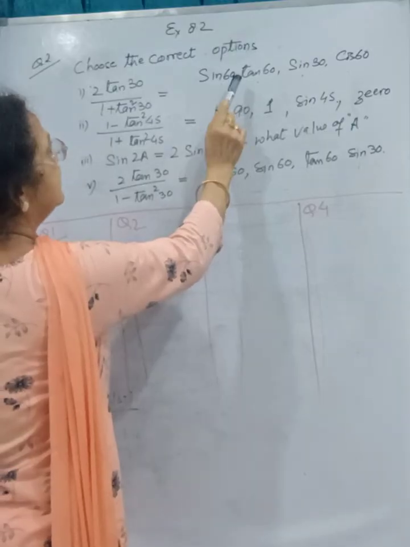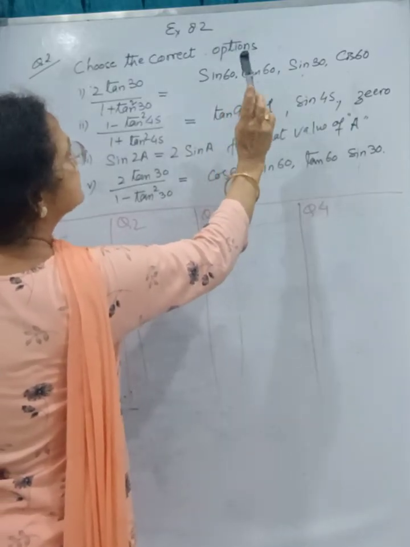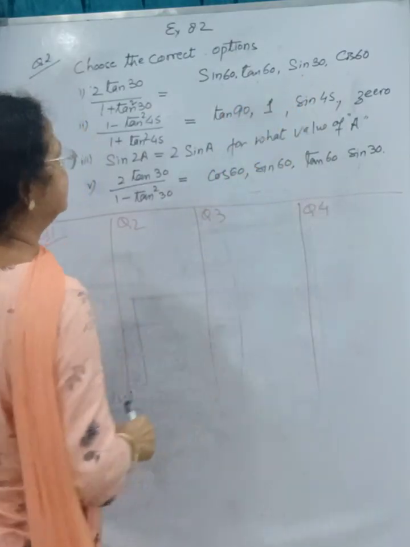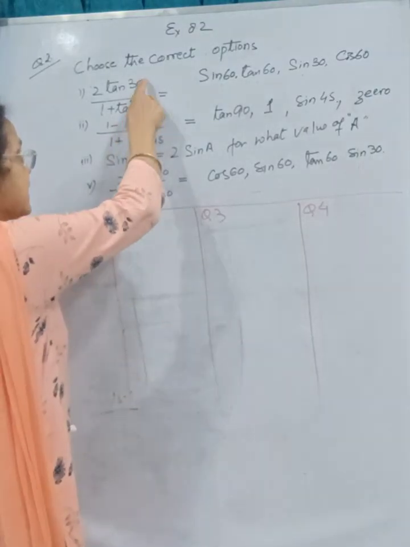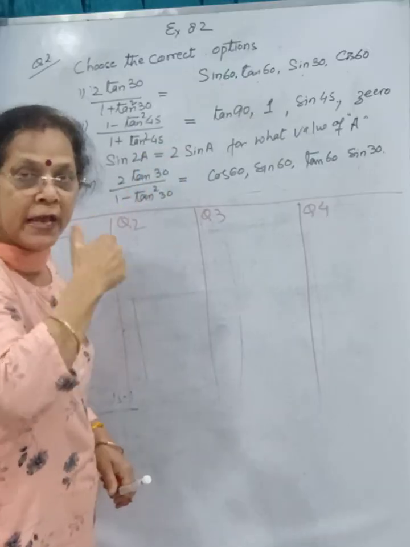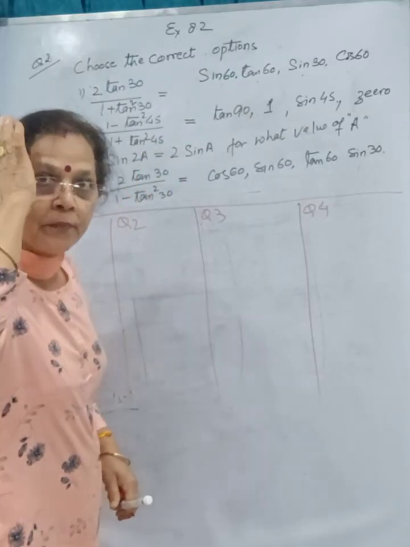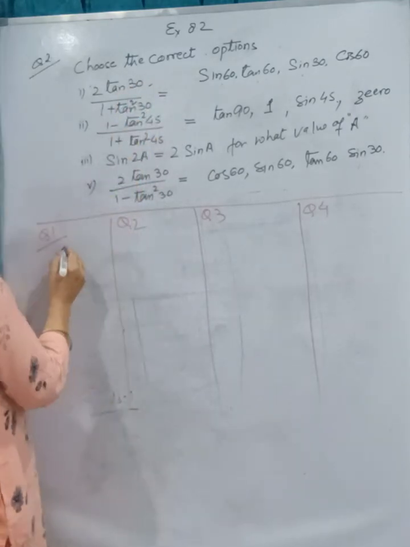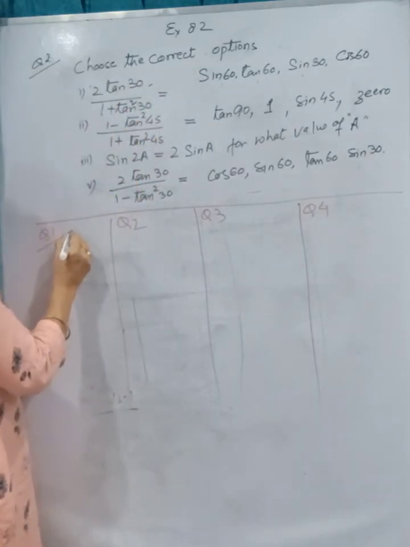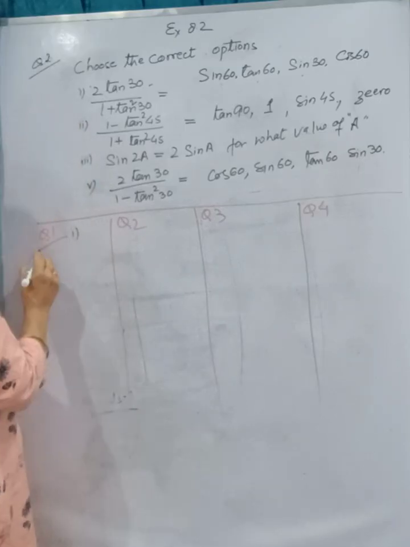Whether it's sin 60, tan 60, sin 30 or cos 30, we have to find it. It means we should know the value of tan 30, only then we can obtain it, and the chart should be in your memory. Now I'm going to start the first portion of question number 2.